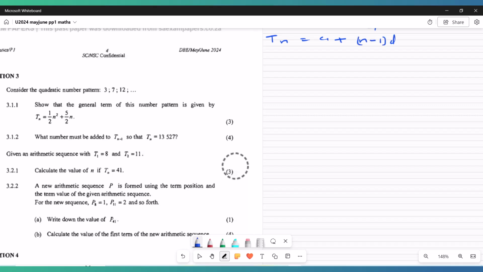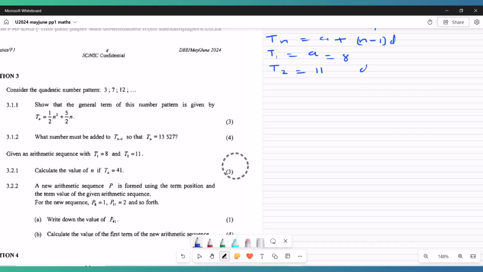In this case, they gave us t1. So our t1 is a, which is the same as 8. They gave us 8 here. Then our t2 is 11. Then I need to find my common difference.